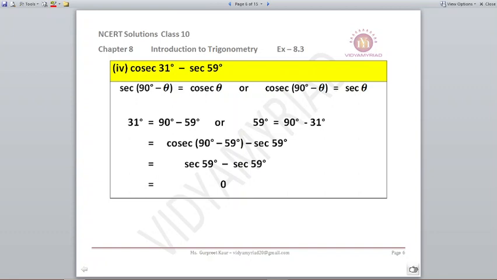But if I write it in a single form, it will become secant 59 minus secant 59. The answer comes out to be 0. You can convert any one, cosecant into secant or secant into cosecant. Anything you can do. Here I am doing it in the first step only. If you want to change secant, you can do that also, the answer will come 0 only.